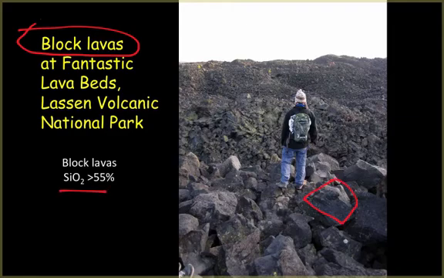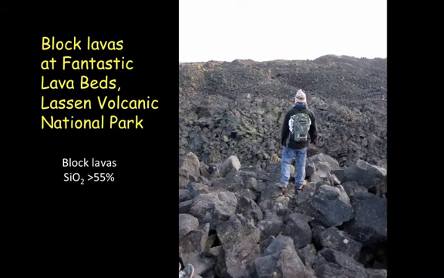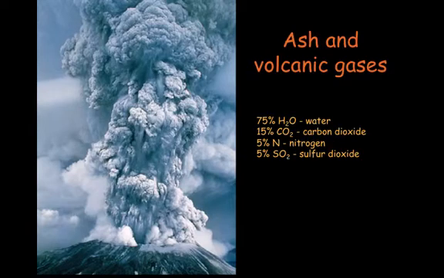The block lavas are a little bit more silica rich than the basaltic rocks that form pahoehoe and a'a flows, a little greater than 55%, and that change in the amount of silica changes the structures that you're getting out of these flows.